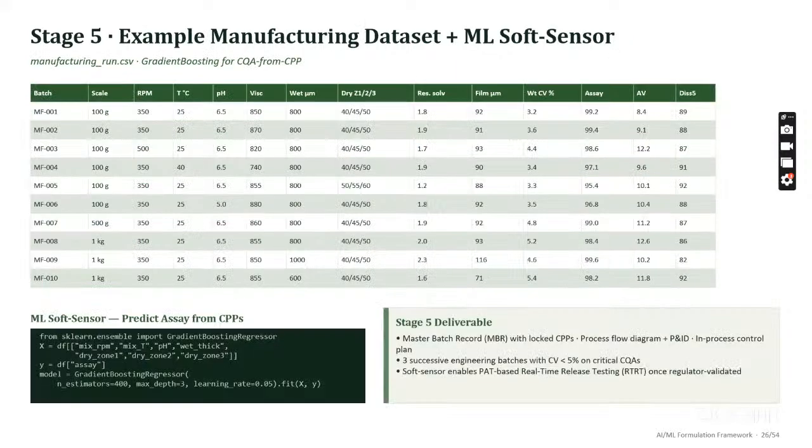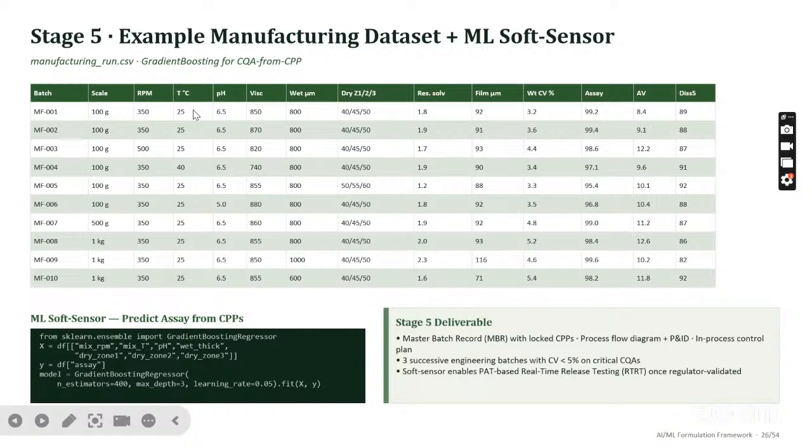Next. The manufacturing data set and a soft sensor. Here, we capture every batch's parameters and outcomes. Here, the different batches, up to 10 batches. Scale: 100 grams, 500 grams, 1 kg.